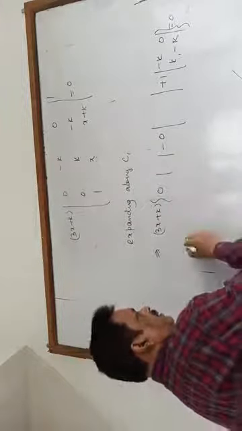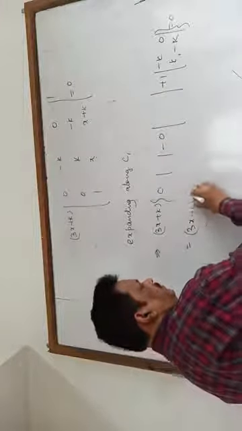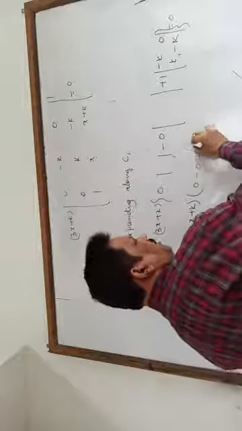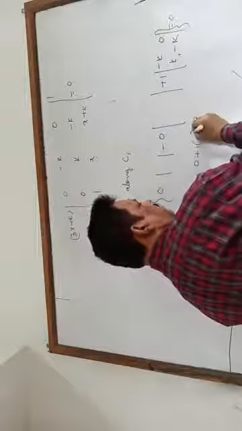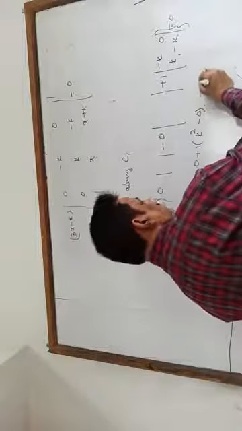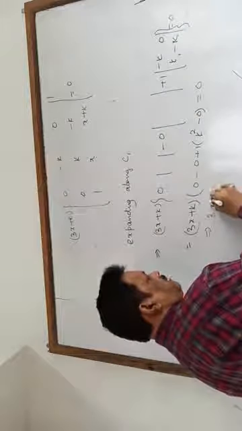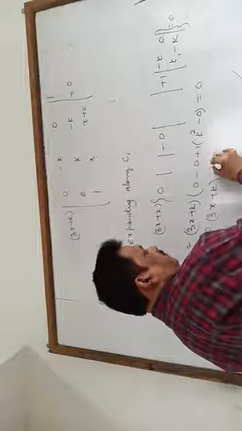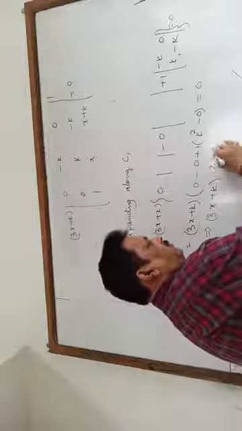So finally 3x plus k times 0 minus 0 plus 1 into minus k into minus k is k square, minus 0, equals to 0. So conclusion: 3x plus k into k square equals 0.